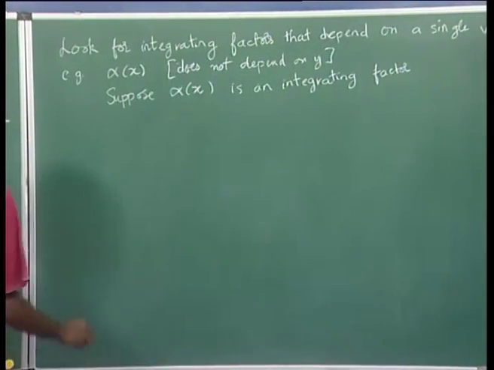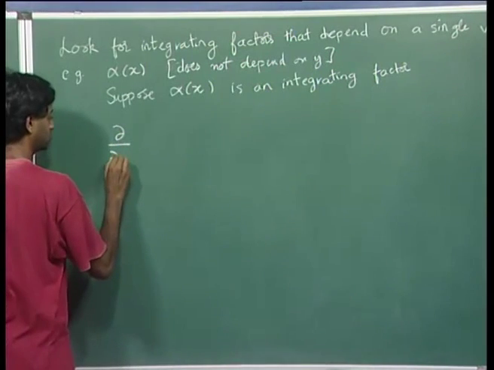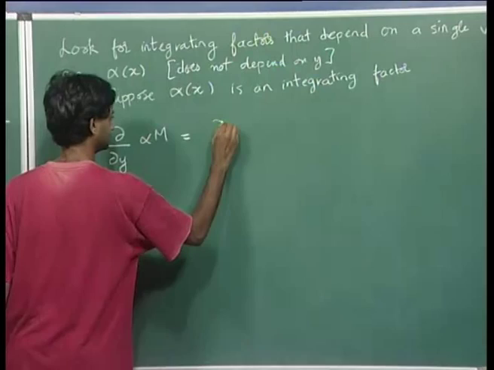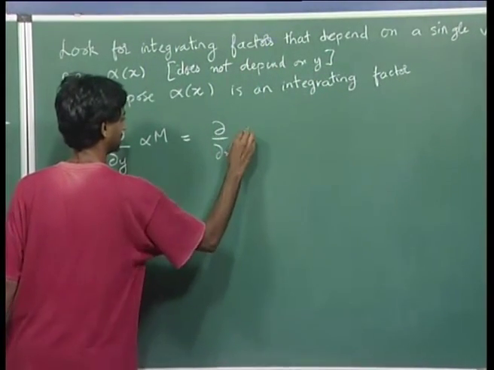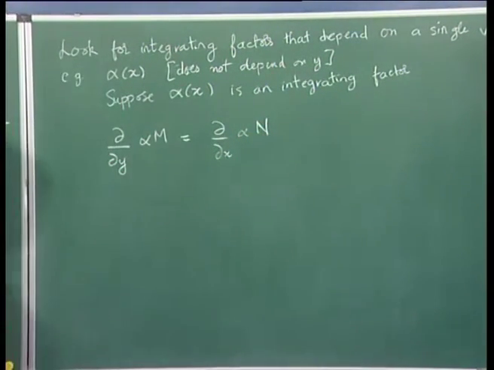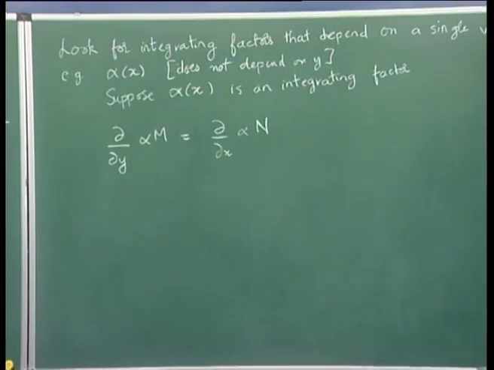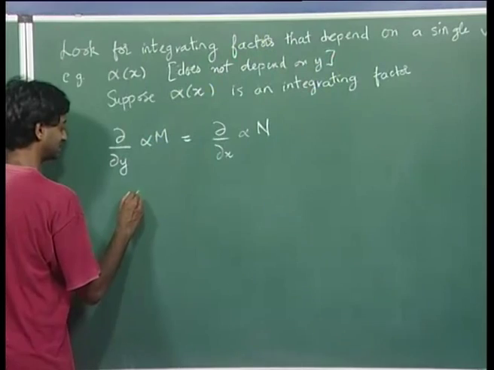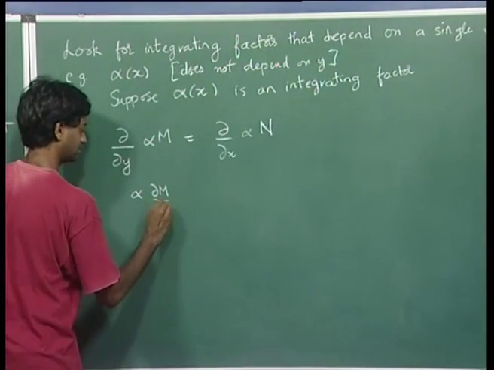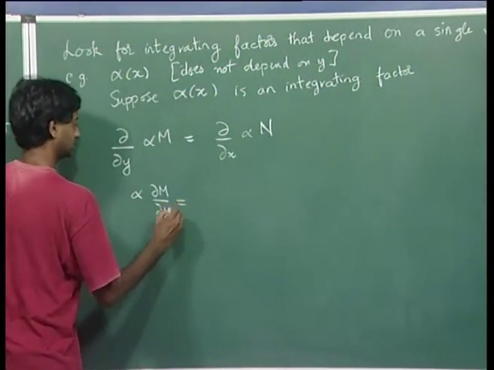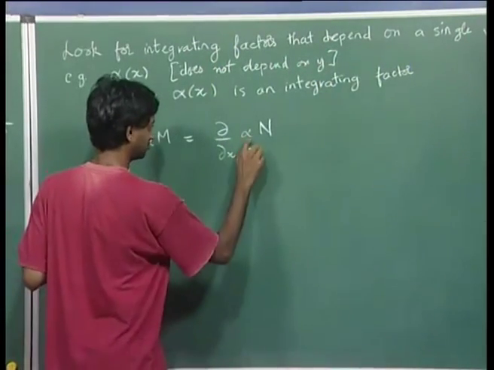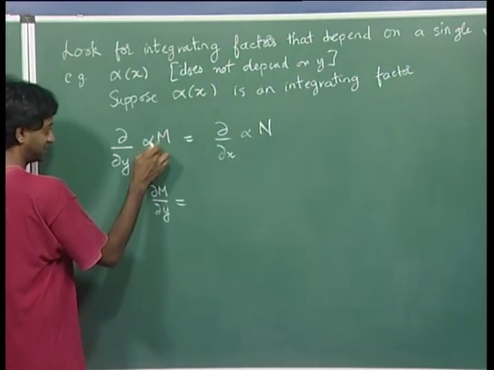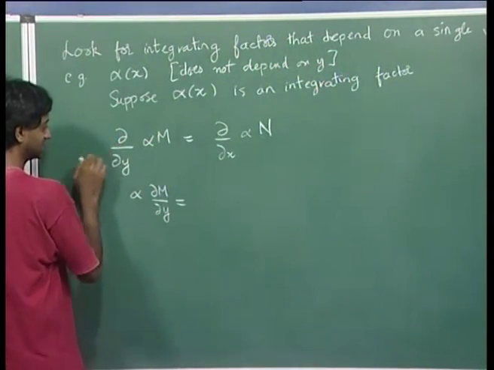Then dou by dou y of alpha M is equal to dou by dou x of alpha N. Now, alpha depends only on x. Since we are differentiating with respect to y, alpha is independent of y, so it comes outside the differential.